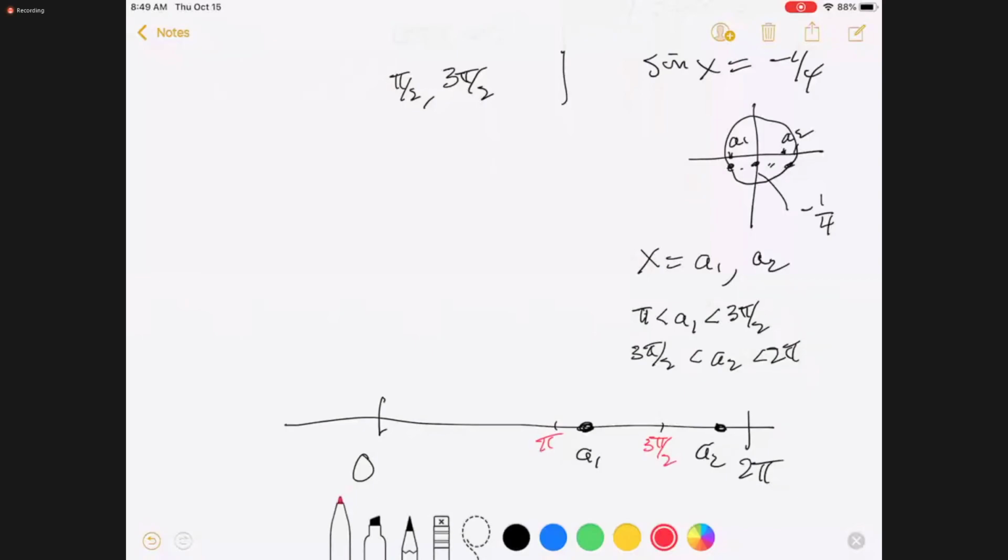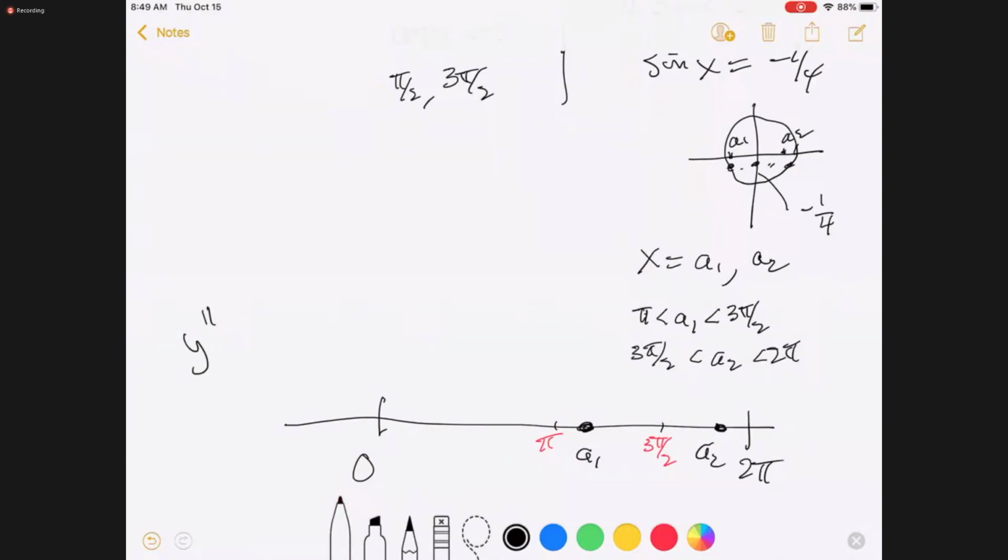Okay. Yeah, so the only places where the second derivative can change sign is at this number A1 or the number A2. And I'm checking this as y double prime now. We're getting concavity information.